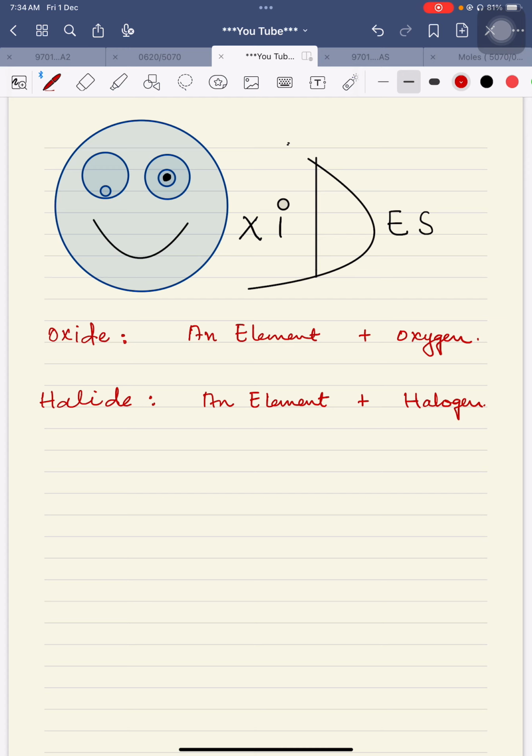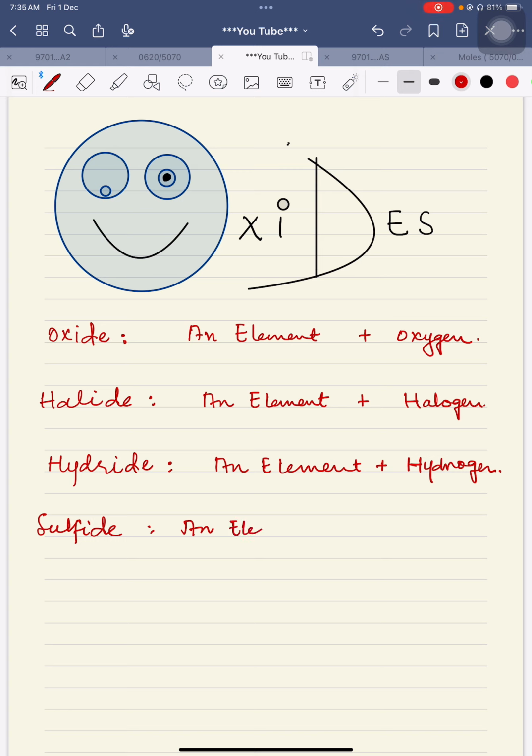Then there is another, that is a hydride, and maybe the name is clarifying. It is an element plus hydrogen. Whenever any element of the periodic table is attached with hydrogen, it is called a hydride. Okay, then there is a sulfide. It is an element plus sulfur.